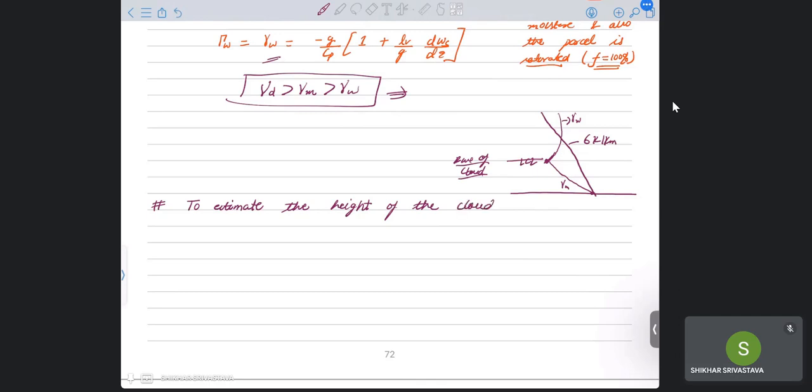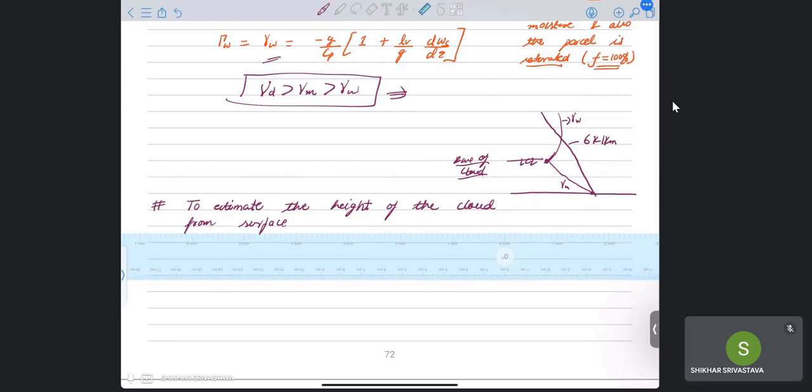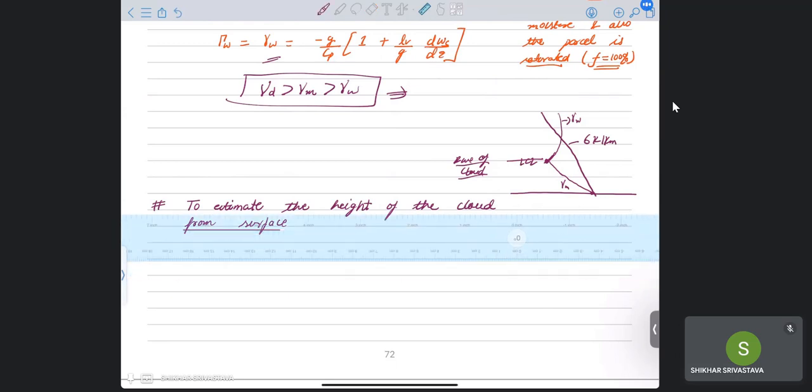How can you estimate the height of the cloud from the surface if you just know its surface information, like the surface temperature and the surface dew point temperature? Is there a way we can derive an equation through which we can calculate the height of the cloud from the surface?